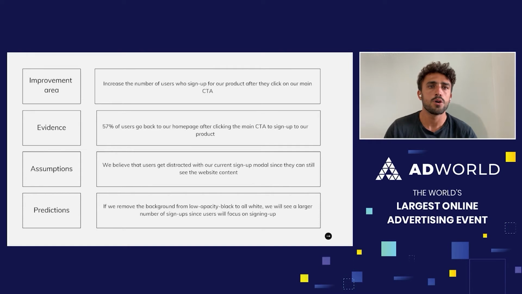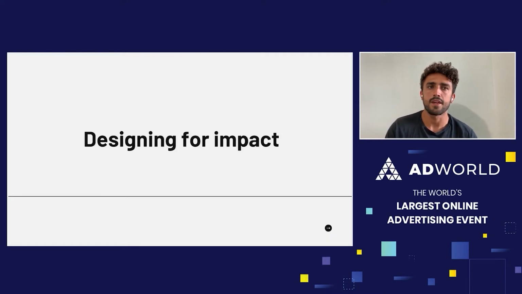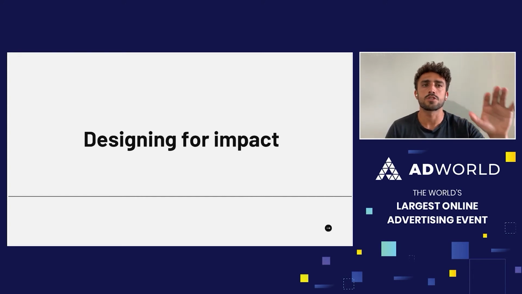So now that we know all of that, it's time to design it. That's also a super important part of experimentation, because we need to design with impact in mind. So the creative team and you as the PM, or the person leading the experimentation effort, should work very closely to make sure that we're taking all the experiment structure into consideration when designing the variants.